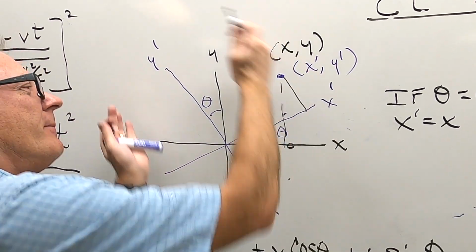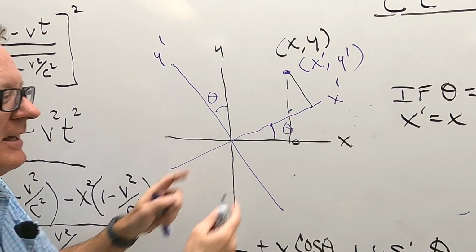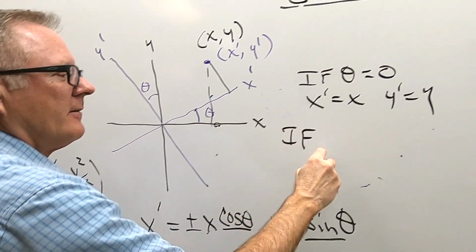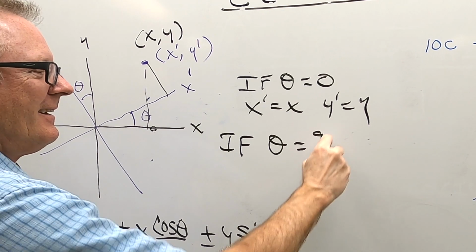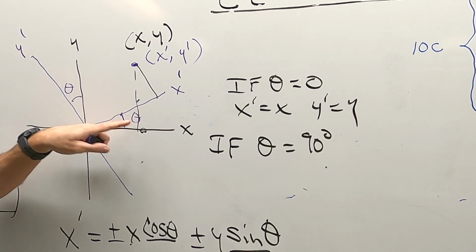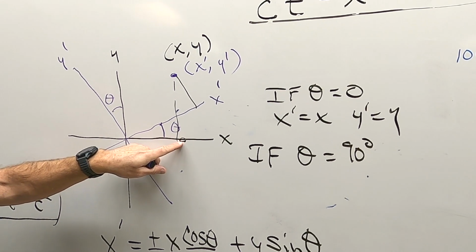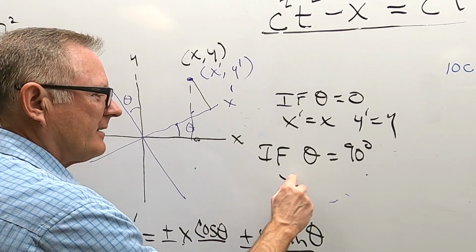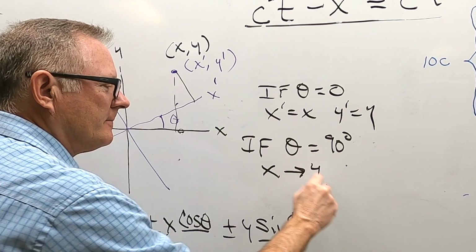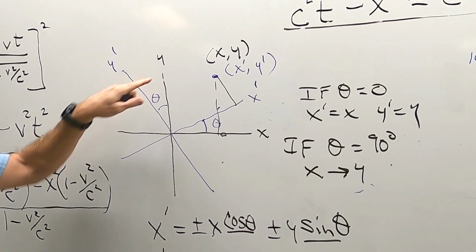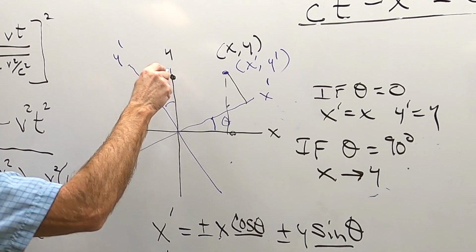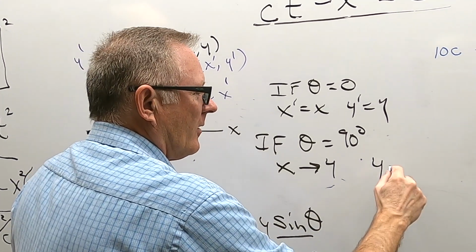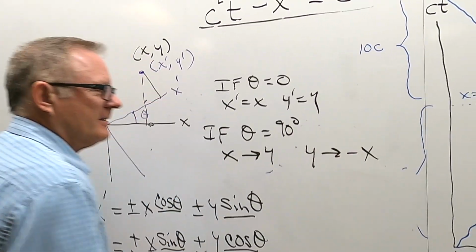If we rotate it by 90 degrees, then this x value goes up to here, which is the y value. So x goes to y, and the value that was there, this point y, goes over to here, which is minus x. Y goes to minus x.